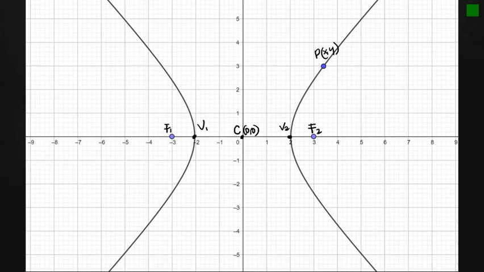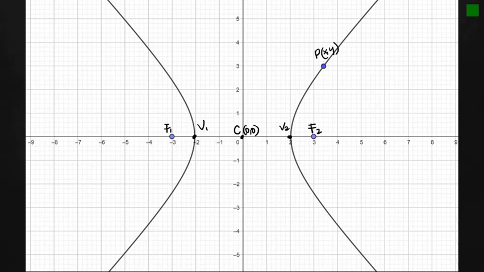And based on the definition, a hyperbola is the locus of points on a plane whose distances from two fixed points, which are our foci, have a common difference.